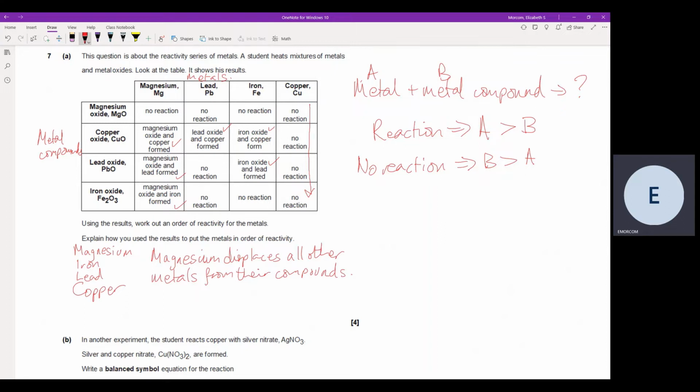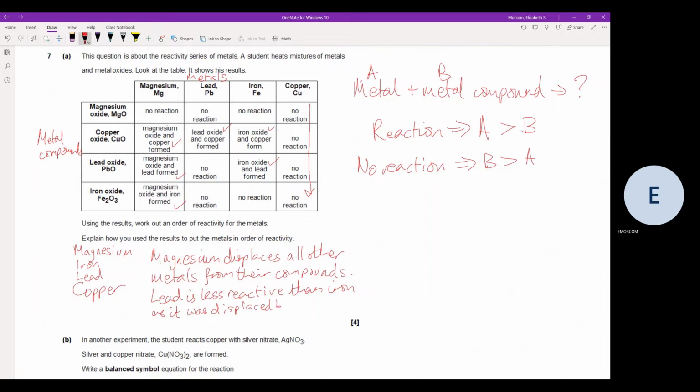So we can also say the lead is less reactive than iron as it was displaced by iron from lead oxide.